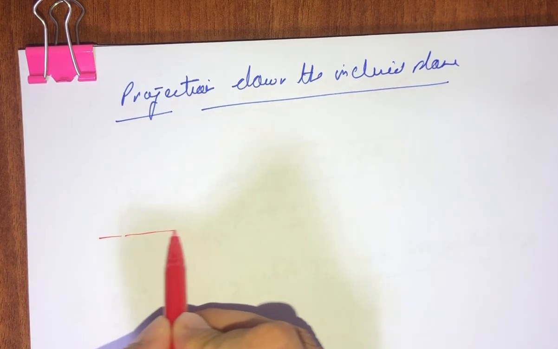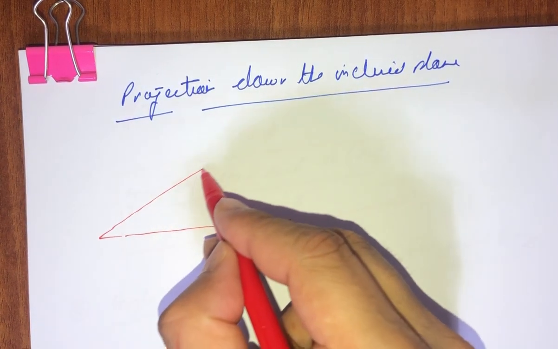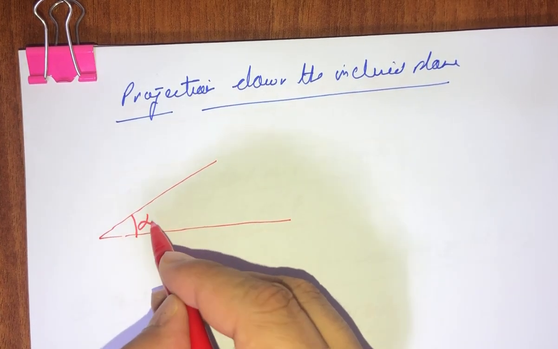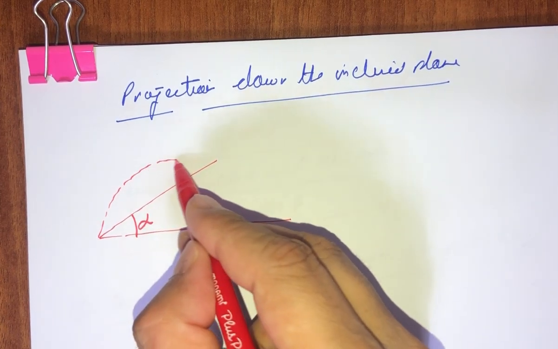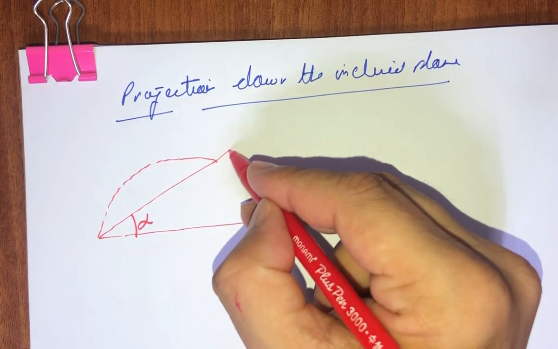In this case, this is the inclined plane. The angle of the inclined plane is alpha, and this is the projection, and we are projecting it in the downward direction.